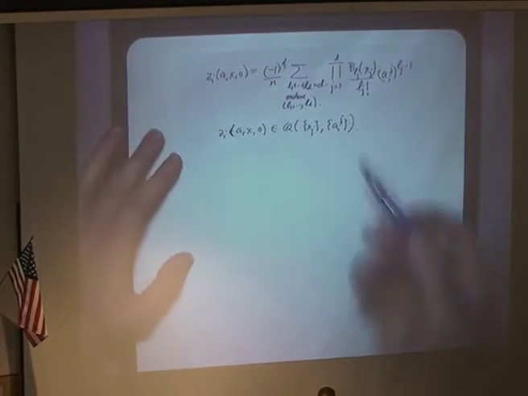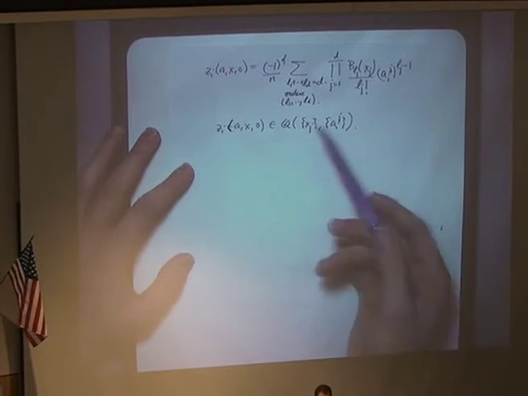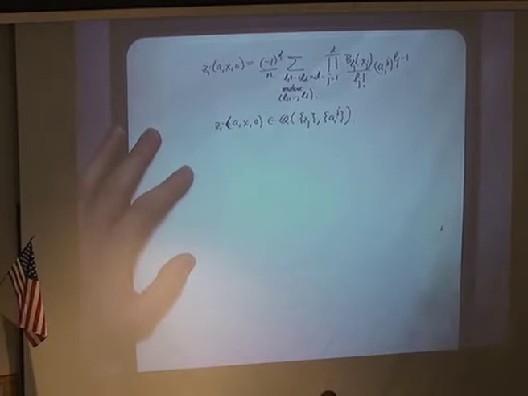And in the situation where all of our data comes from a number field, everything here is algebraic. So in particular, we have a proof that the special value at 0 of the zeta function of a number field belongs to that number field. But you can actually do a little better.